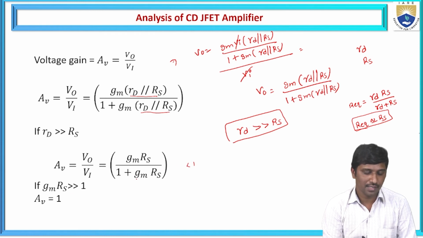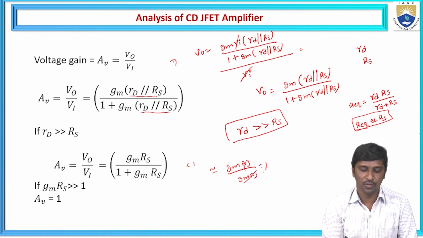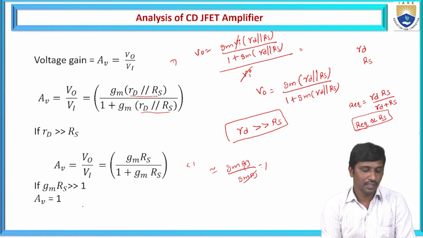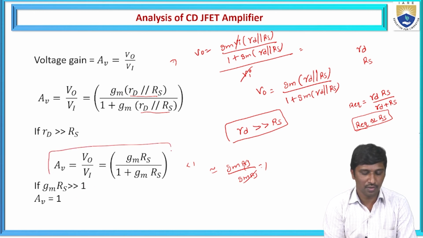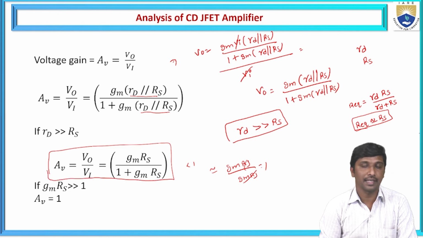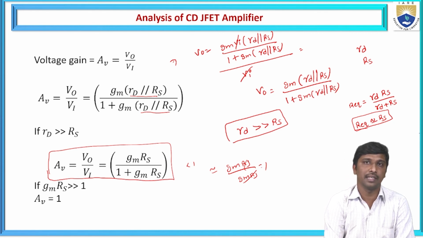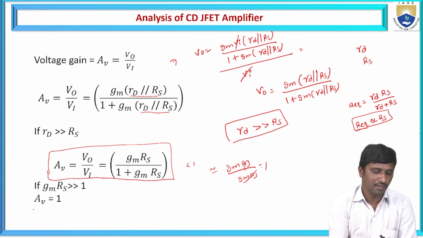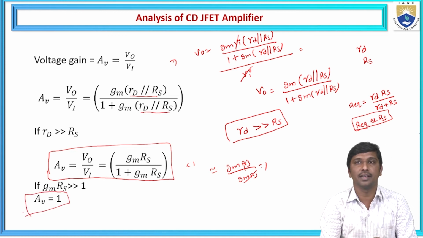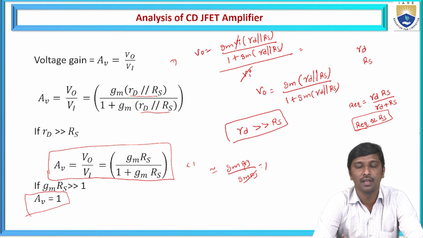Or we can take Gm Rs much greater than 1, then we can declare this is Gm times Rs by Gm times Rs, which is equal to 1. So in a common drain amplifier, from this mathematical relation, the voltage gain is always less than 1, or very near to 1, approximately equal to 1. From that, we can say that it is also called a source follower circuit, a common source follower circuit.